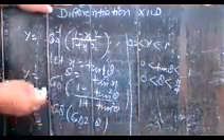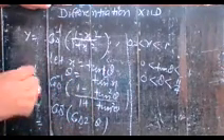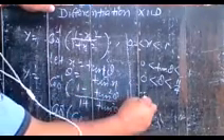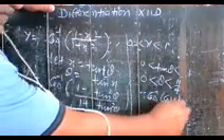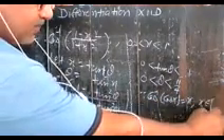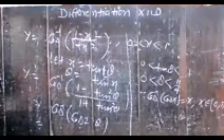Here you see that the interval 0 to pi by 4 is a sub-interval of 0 to pi, because you know this identity: cos inverse cos x can be written as x if x belongs to 0 to pi. You know this property.